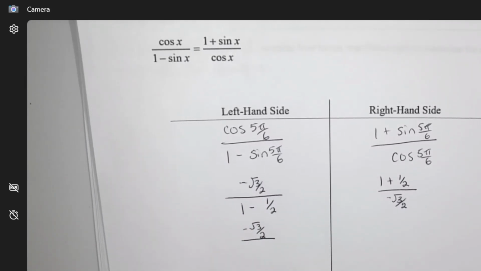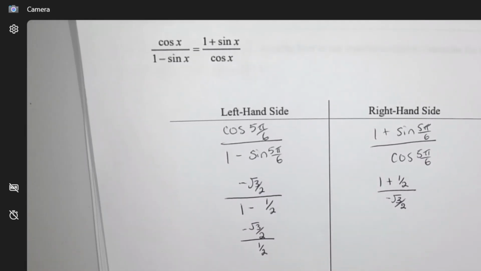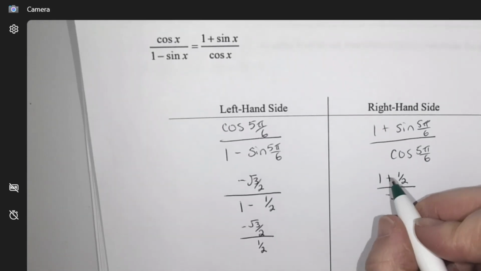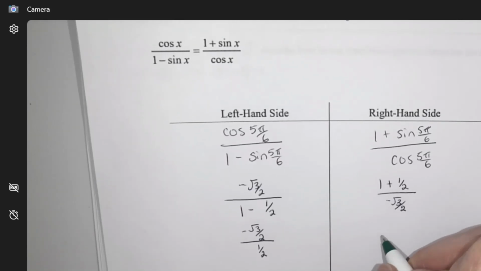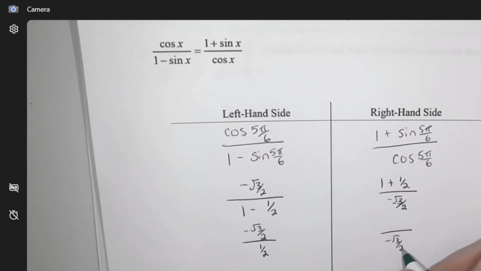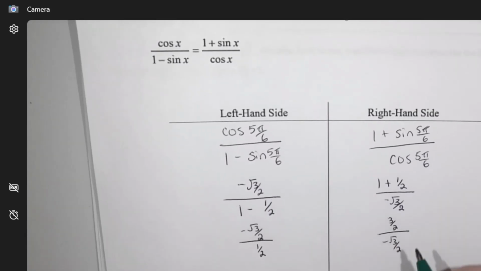Okay, who can tell me what 1 subtract a half is with mental math? Just a half. And who can tell me what 1 plus a half is? 1 and a half. Can you write that as an improper fraction, not a mixed fraction? 1 and a half is 3 halves?